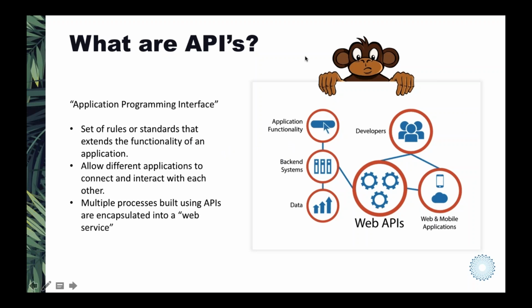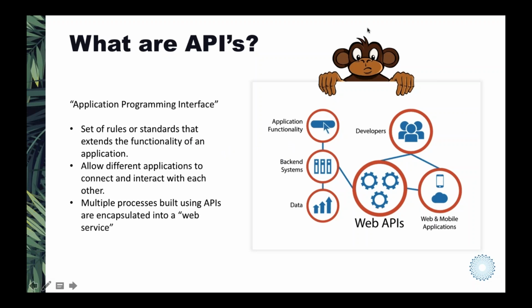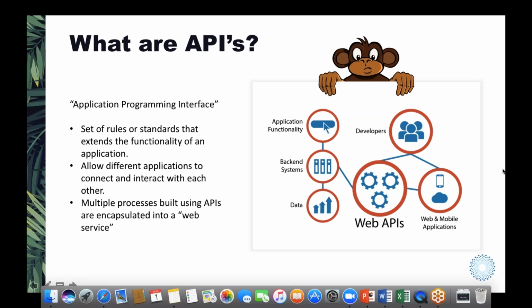So what are APIs? For those not so familiar with APIs, APIs are basically a lot of the glue of the internet as we know it today. You probably use an API every day without realizing it.